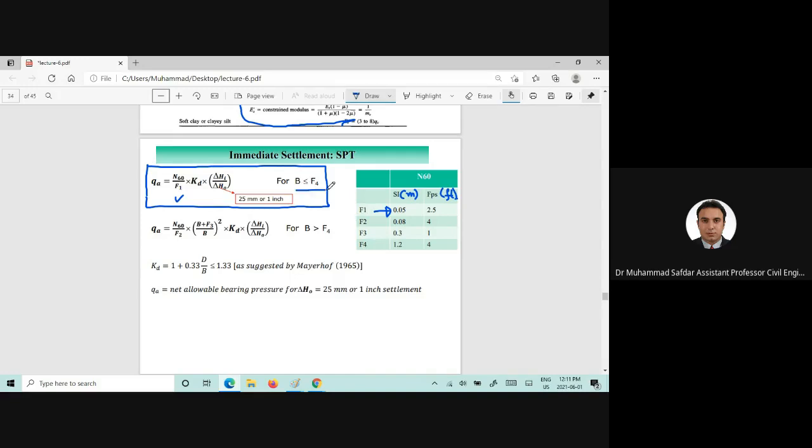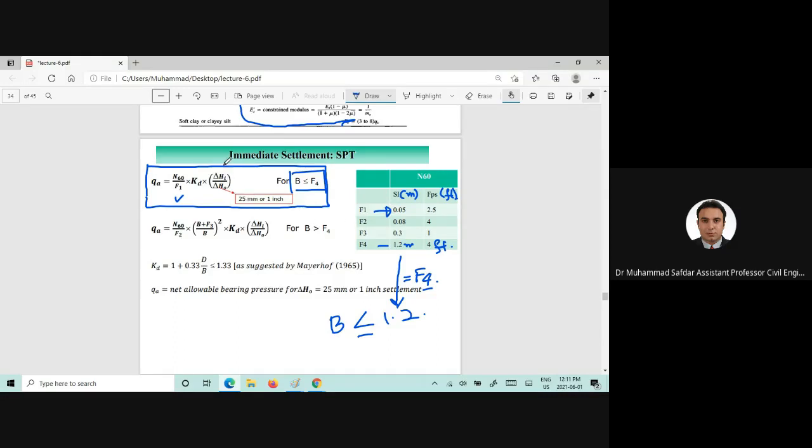F4 is used here, which is 1.2 meter. This is equal to 4 feet. Now, if the width of the foundation B is less than or equal to 1.2, and I'm saying 1.2 because that is equal to F4 in this table.